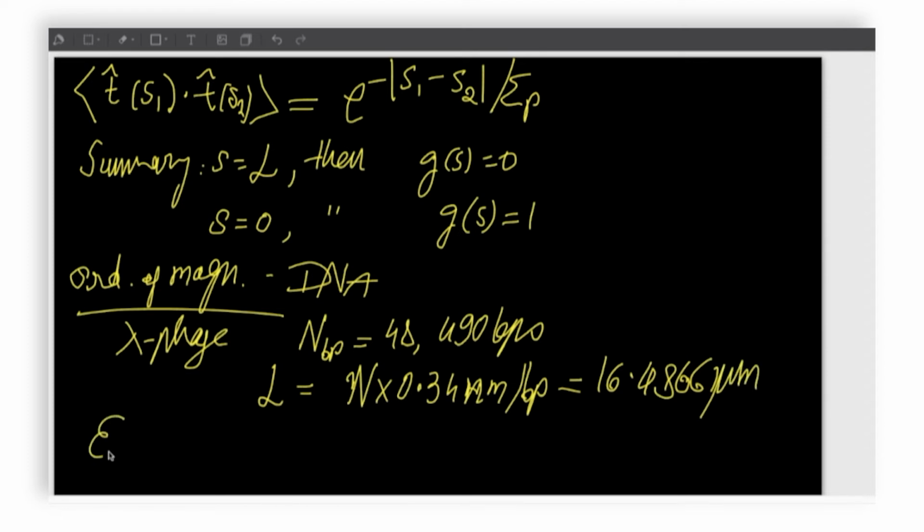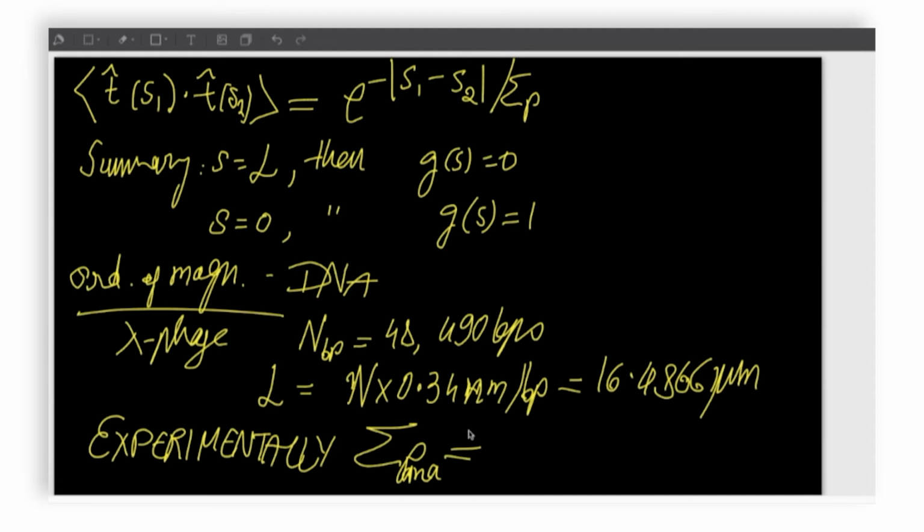By experiments, it has been found that the persistence length of DNA is equal to 50 nanometers, which in base pair terms is 147.05 base pairs, which we can approximate to 150 base pairs.